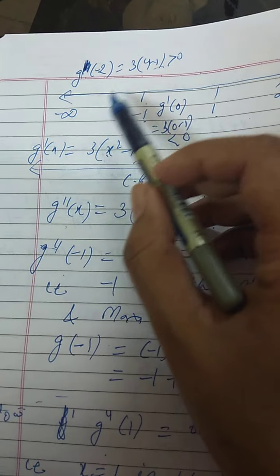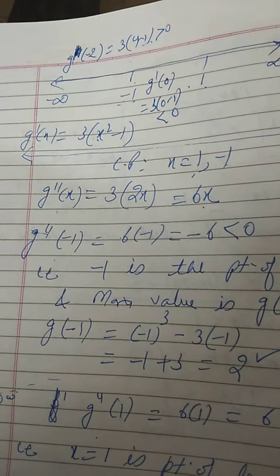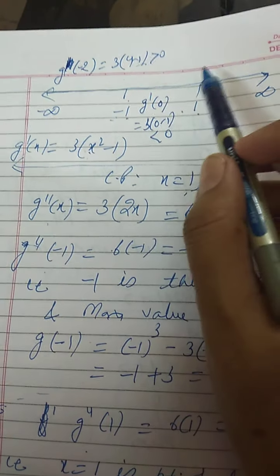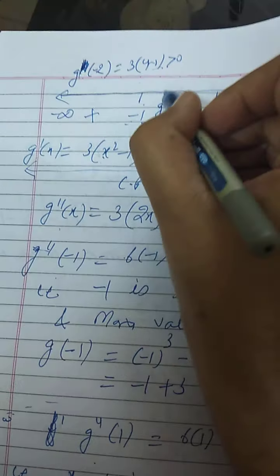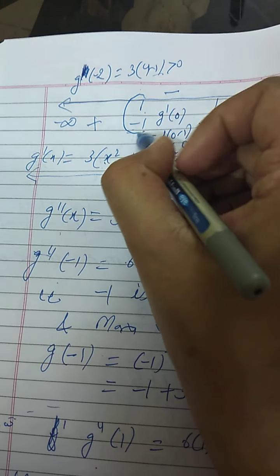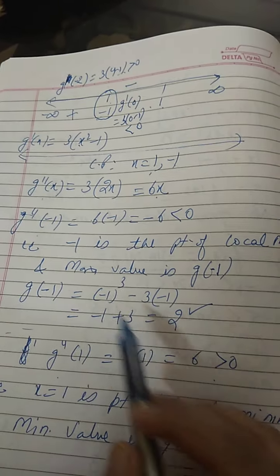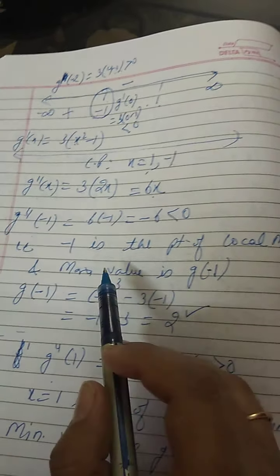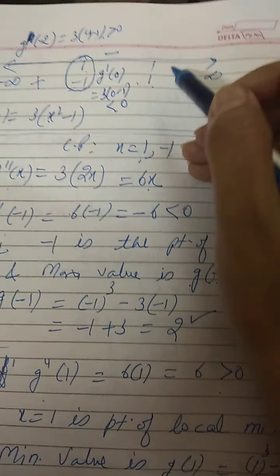Before -1 the sign of the derivative is positive, after -1 the sign of the derivative is negative. As the sign of the derivative is changing from positive to negative, this -1 is the point of local maxima, and the local maximum value will be given by g of -1.